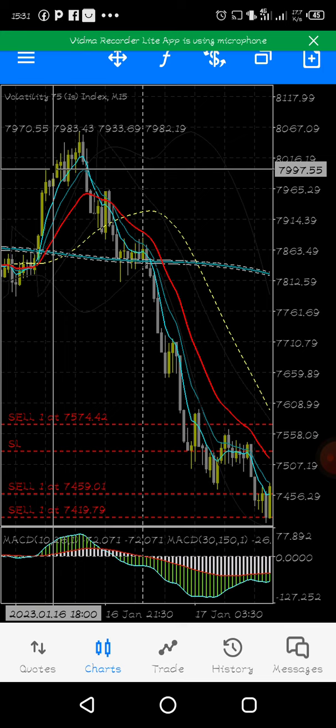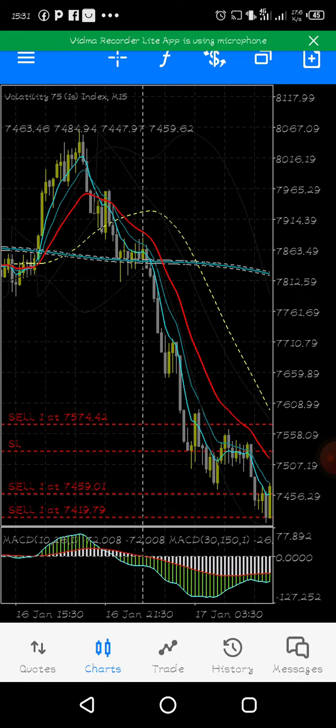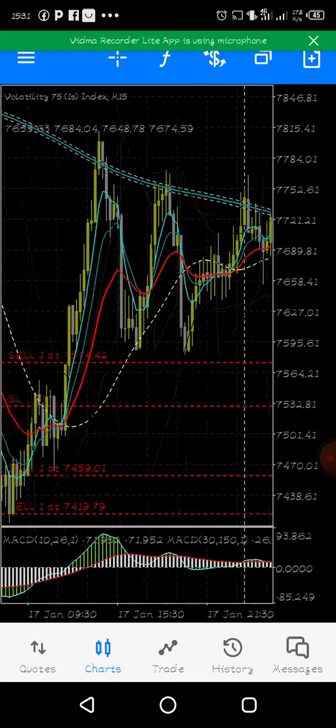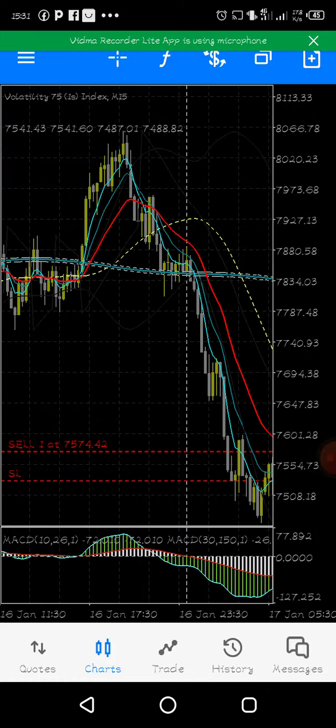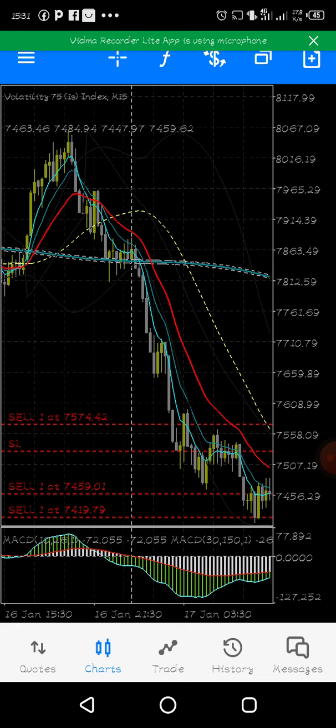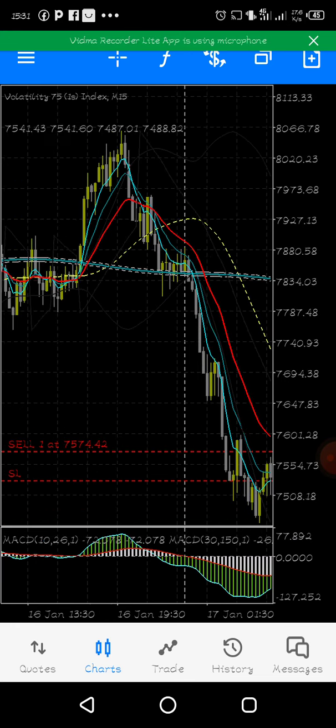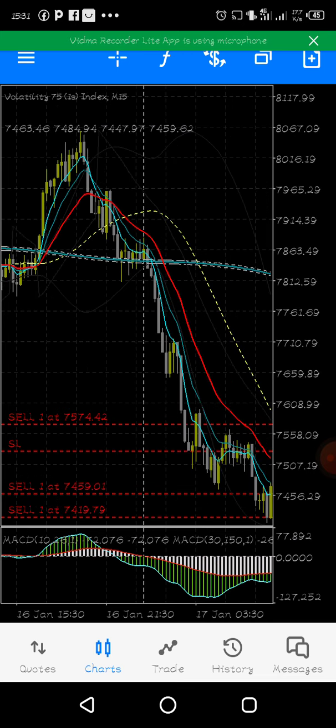Now that I have the knowledge that all my entries should be a sell entry, it doesn't mean I won't pick a buy, but I'll be careful to pick any buy setup I see. But I will usually be confident in taking sell trades only. Now this is the momentum.